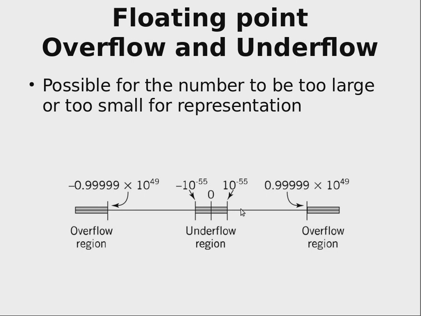In difference with integers, you may also get an underflow region when you subtract or divide something, and with this particular notation, with so many bits to represent the actual value, this value becomes smaller than you can represent with the particular system.